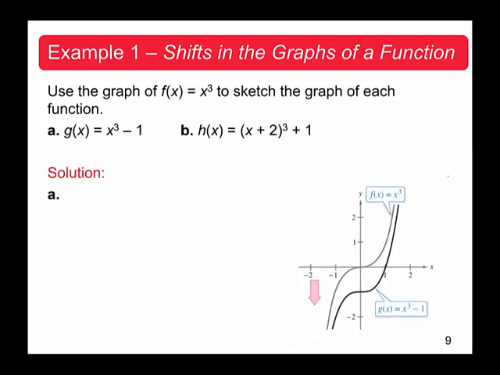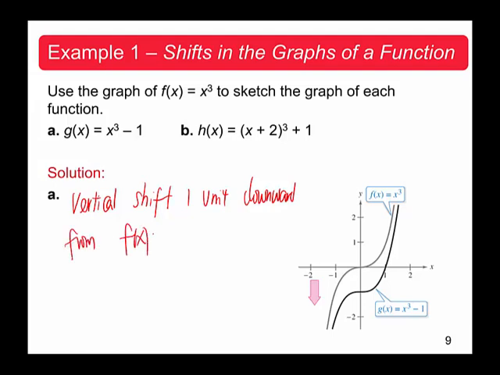Basically subtracting 1 from x cubed, so for part A, the transformation should be described as a vertical shift 1 unit downward from f of x equals x cubed. That means x cubed is this.